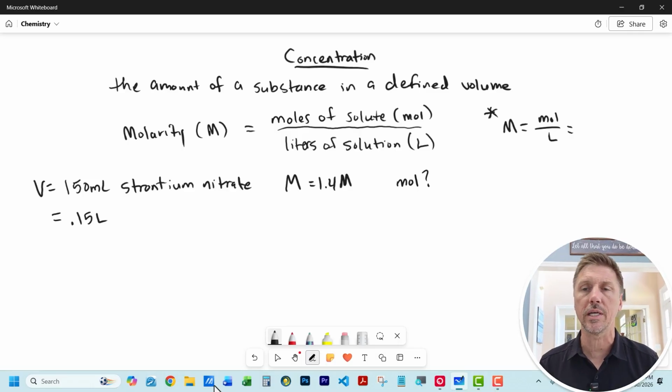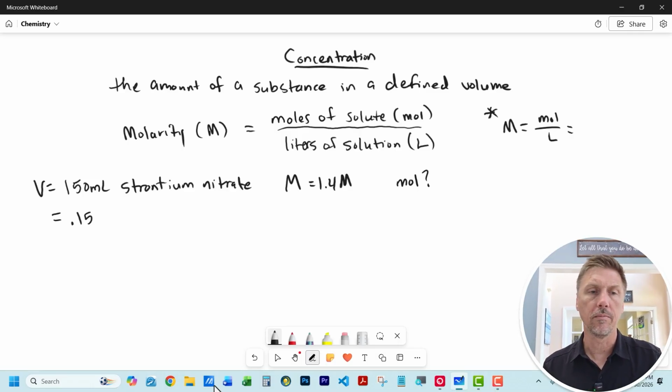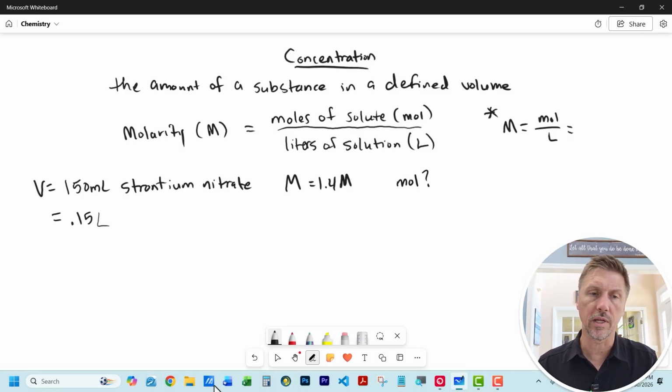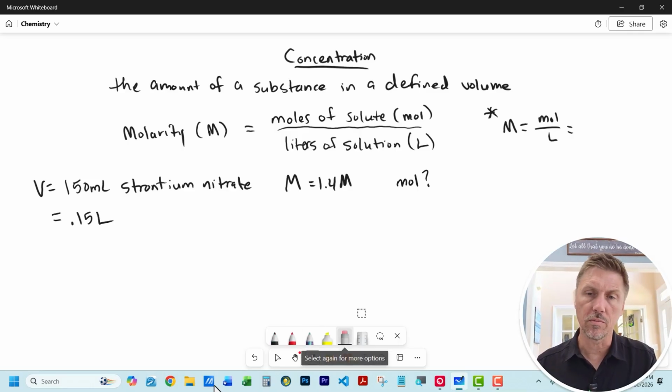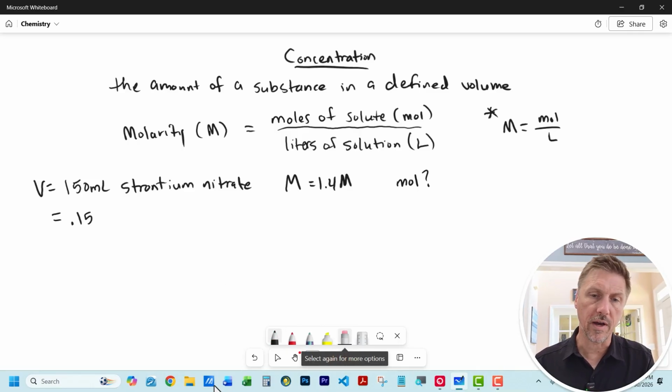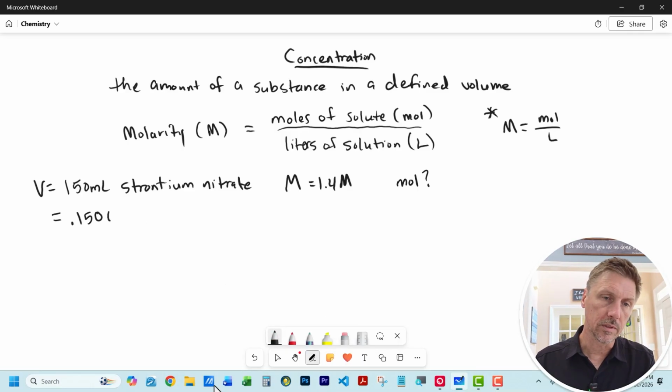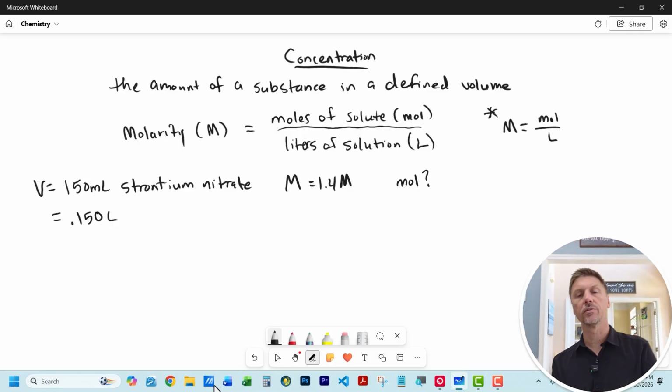So what I'm going to do is take this equation here. I just realized that I forgot to remove my equal sign there. And technically this would be 0.150 liters, right, to maintain significant figures.